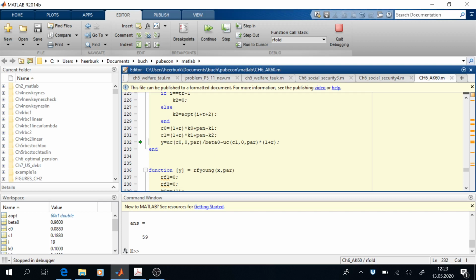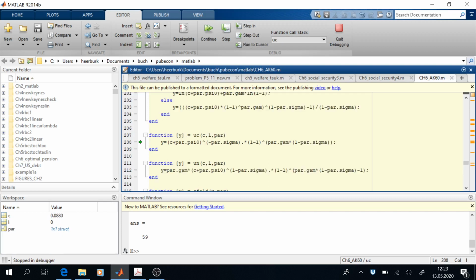Our Euler equation computes the marginal utility from consumption. So let's go into the marginal utility of consumption here, as a function of consumption, leisure L, and of course we need the parameter values of psi 0, sigma, and gamma to compute this marginal utility of consumption.